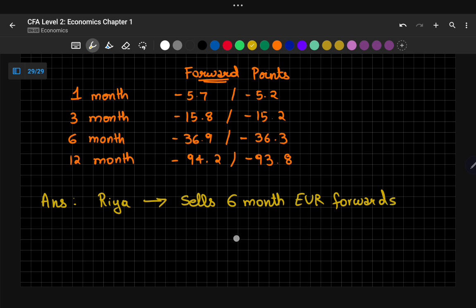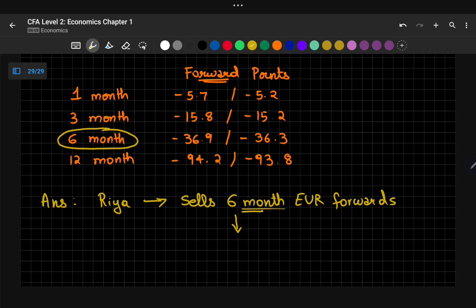Since Ria wants to sell it, which price will Ria take? Will Ria take the bid price or the offer price? Now, since it is a 6-month forward, we can directly take the 6-month forward points. But which one? Is it the bid price or the offer price?